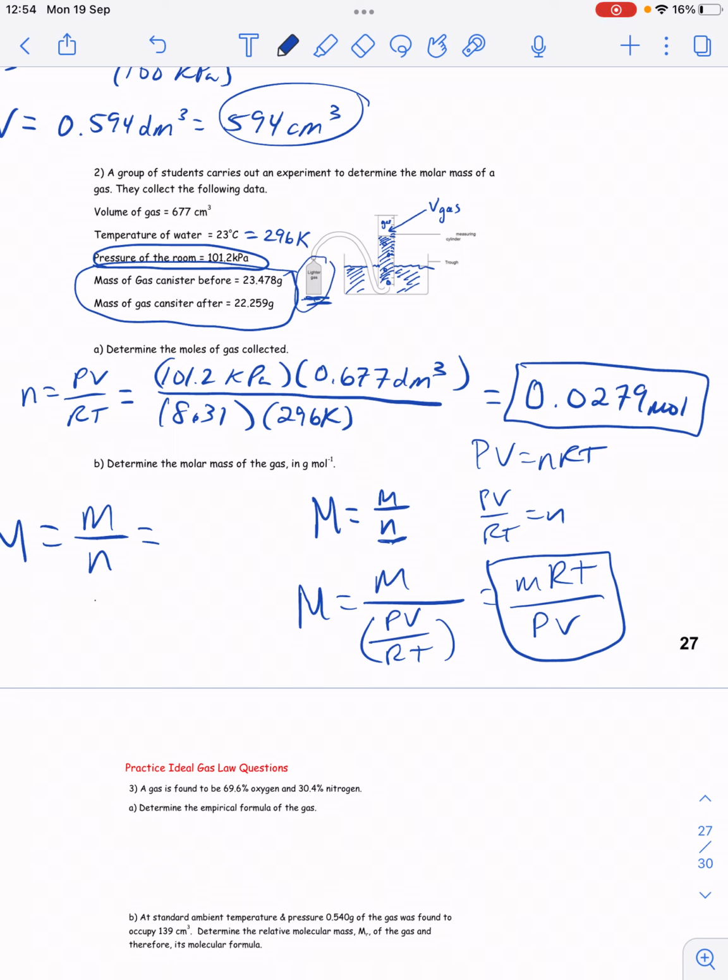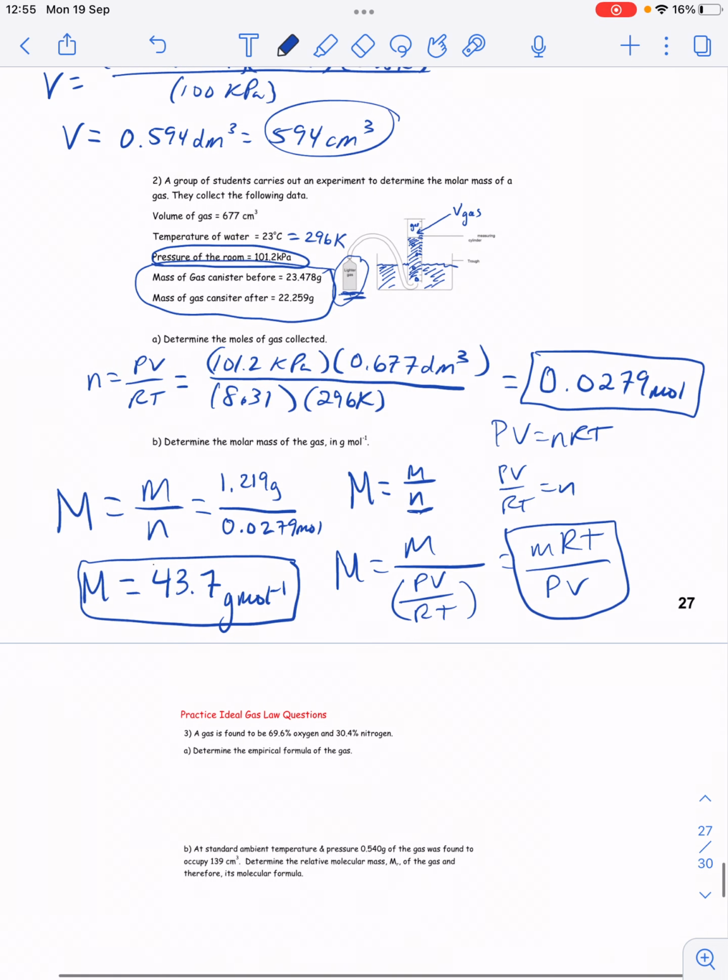So that's what the data is telling us here. We're looking at the change in mass. And so if we subtract those two, the change in mass is 1.219 grams. And we've determined from the other data that the moles is 0.029 moles. And when I divide those two, I get the molar mass, which is 43.7 grams per mole.